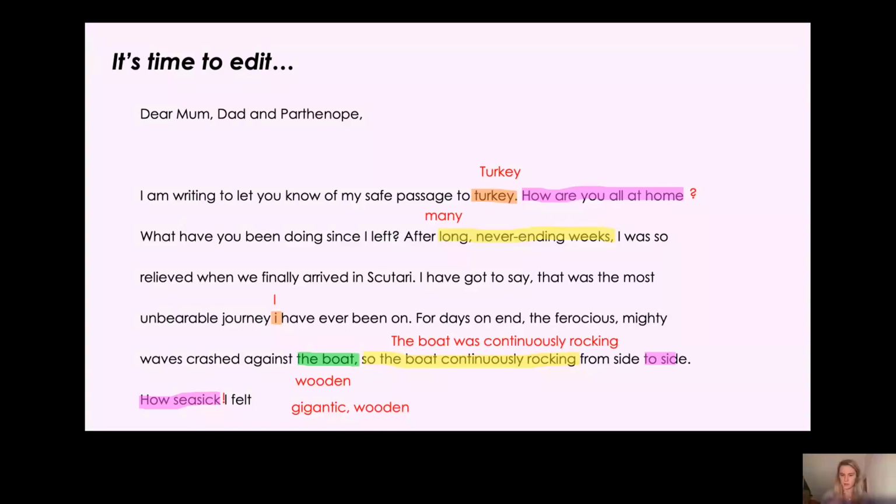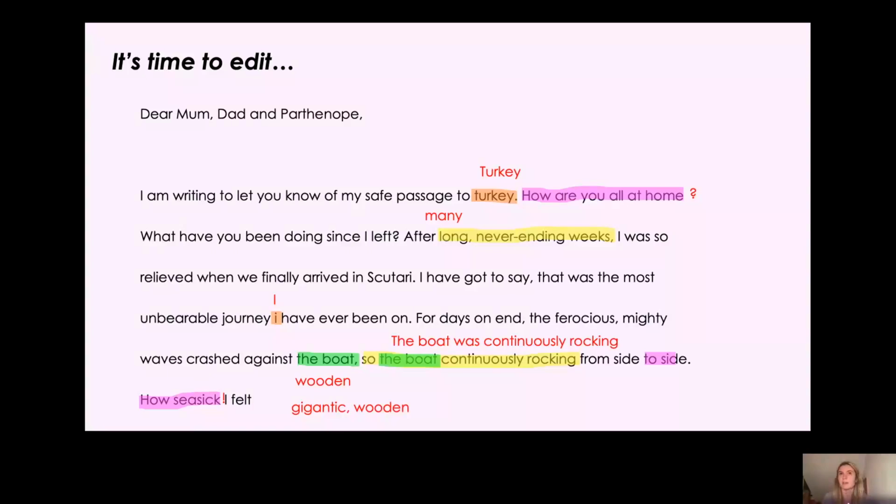Now, what else could I do? The boat. So the waves crashed against the boat. So the boat continuously rocking from side to side. Well, I've repeated boat here, haven't I? Can I use a personal pronoun to replace the second boat so I don't repeat myself? Well, I can, can't I? What personal pronoun can I replace boat with?